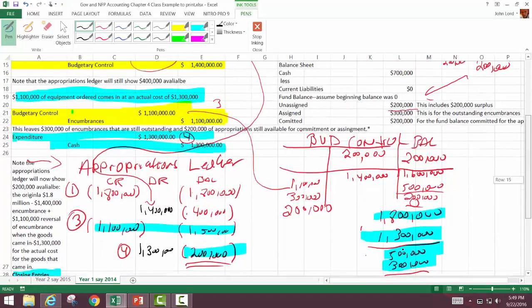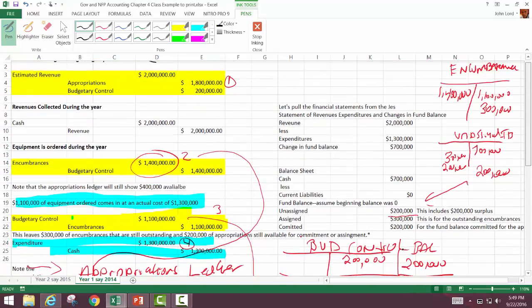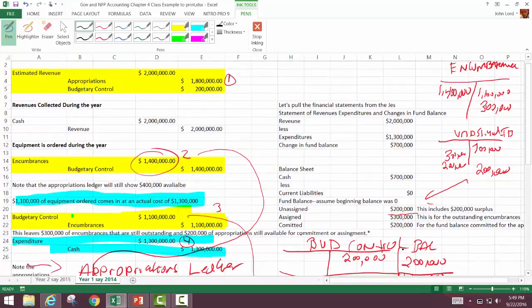Okay. Now let's pull the financial statements. Didn't we have revenues of $2 million? There's my revenue, $2 million, less my expenses of 1.3, so I have a change in fund balance of $700,000, right? Which we saw got closed to my unassigned fund balance, didn't it?